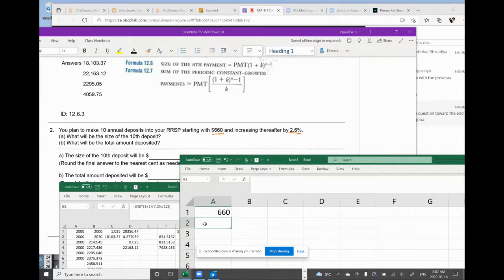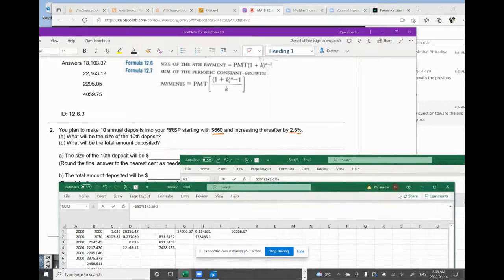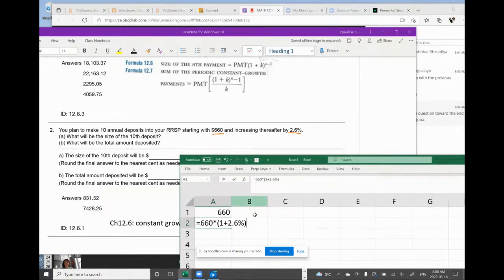So what is the contribution for the second year? You use the number from the first year times 1 plus 2.6%. That is the contribution for the second year. I pause for a moment to see if you have questions. So second year, you pay $677.16.